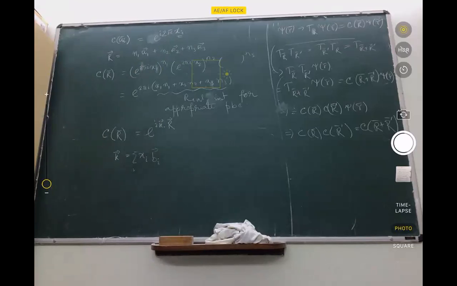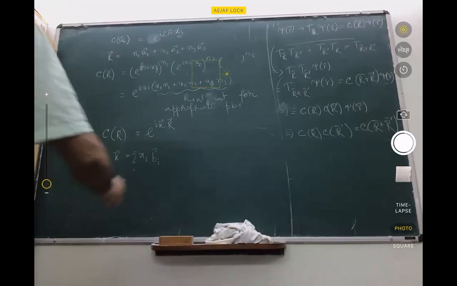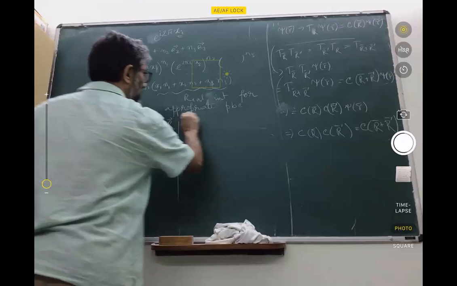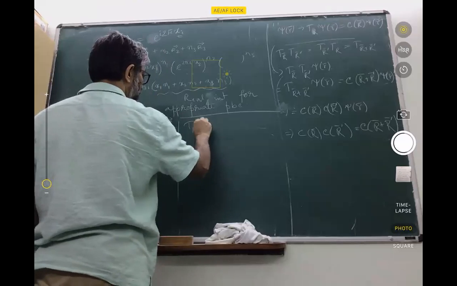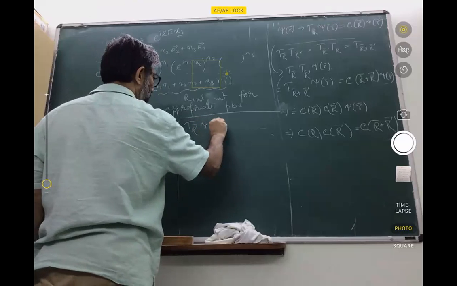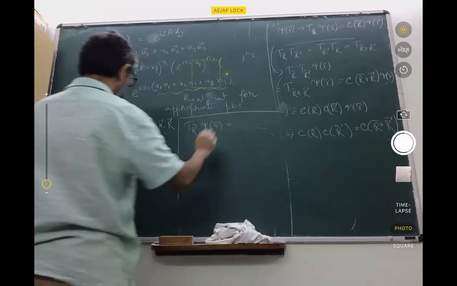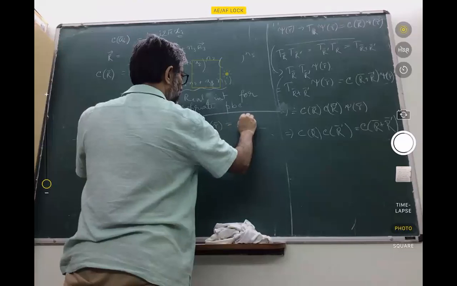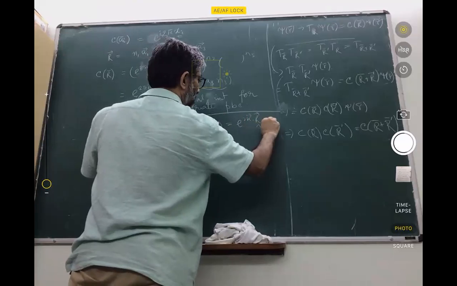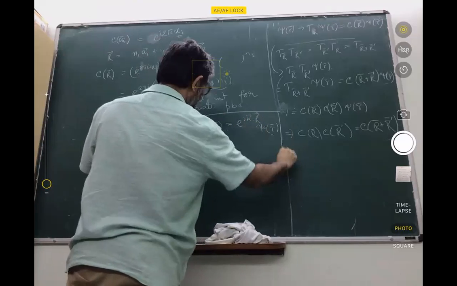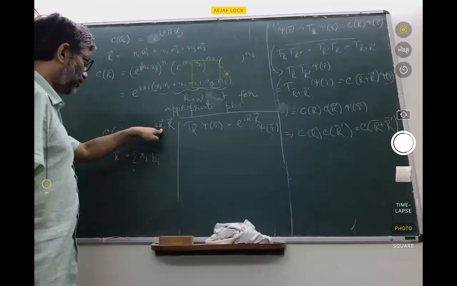Okay, so because now C has this form, if I apply this on psi of R, I'll pick up this eigenvalue. And I now know where this K comes from.